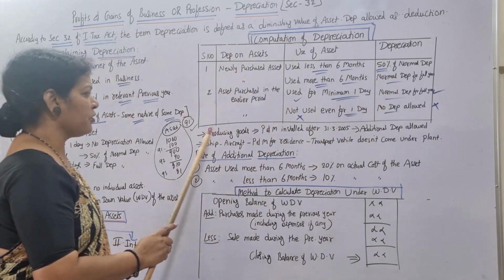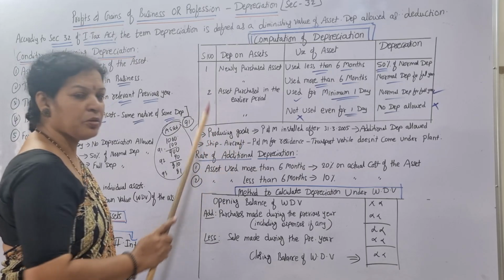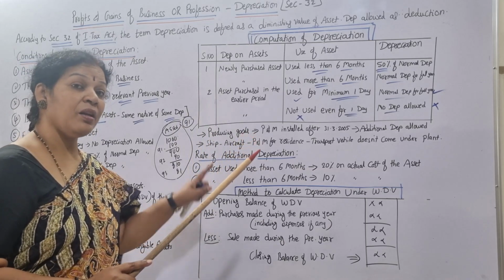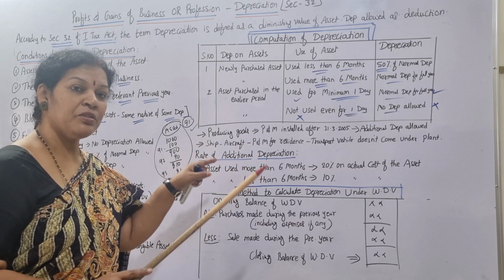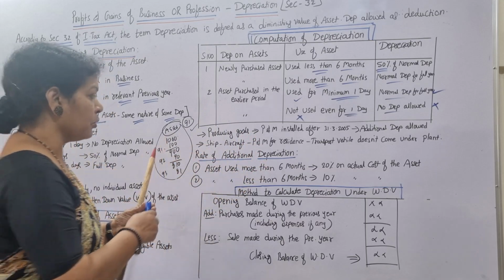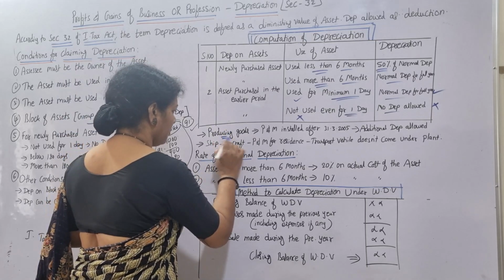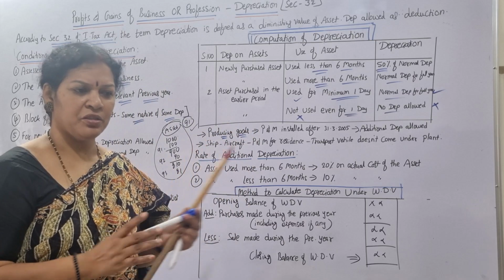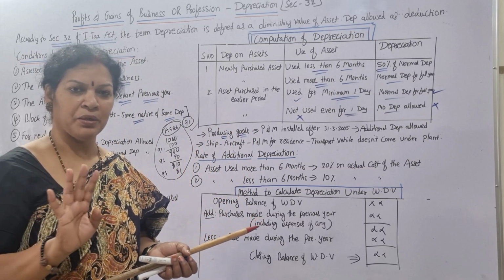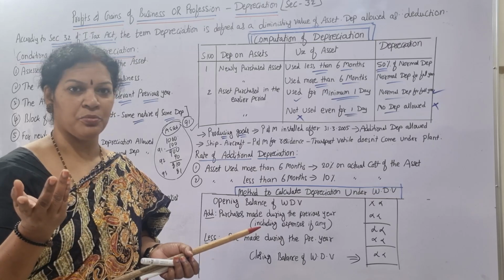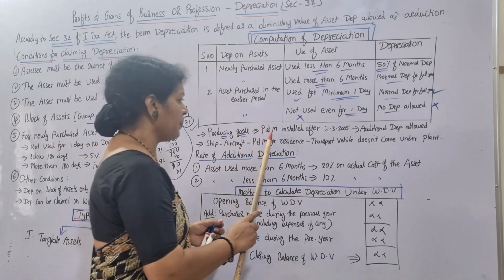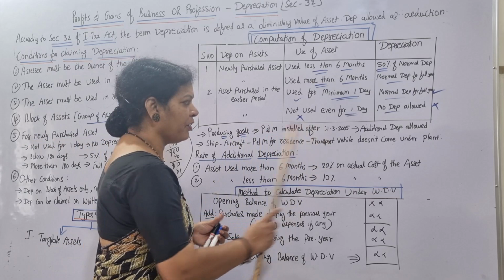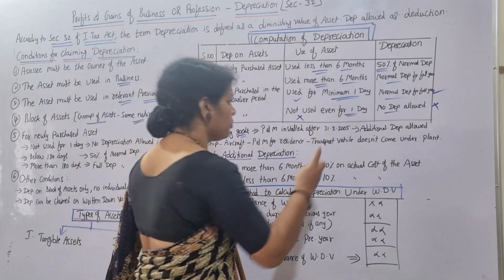Apart from this, few points you have to remember. Producing goods. Depreciation is allowed to those companies who are producing goods. If not producing, no depreciation allowed. Simply you have purchased some assets, furniture, machinery, this and that, but you are not producing goods, then you are not eligible. Second thing is plant and machinery installed after 31st March 2005.